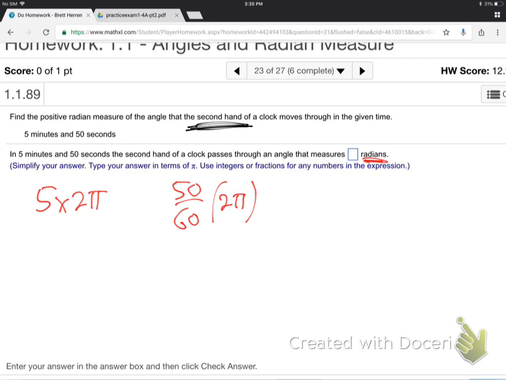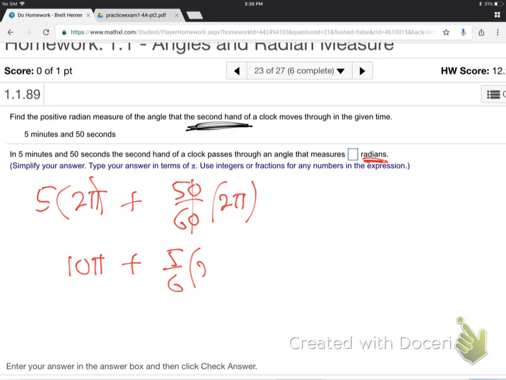So 5 full 2 pi's plus, in addition, 50 60ths of another 2 pi. Even though it's technically a negative angle, that's the amount it moves through. So how do we do that? 5 times 2 pi, that'd be 10 pi. 10 pi plus, now what do you do here? Cancel these.